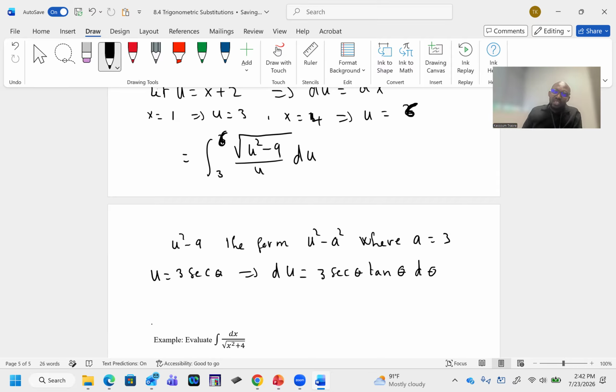And that also will change my limits of integration. You can use your calculator to check that, okay?